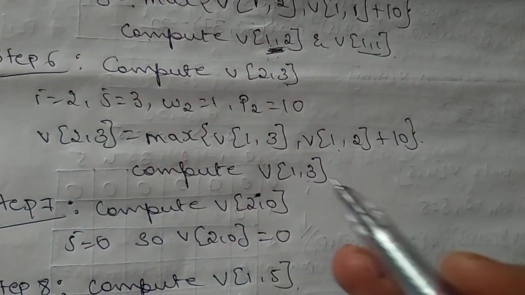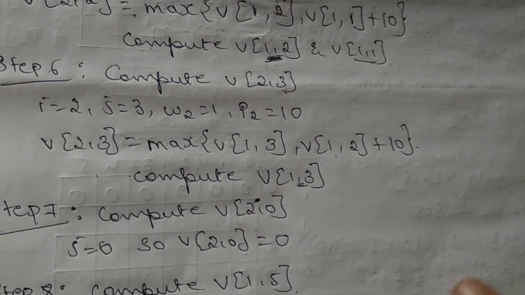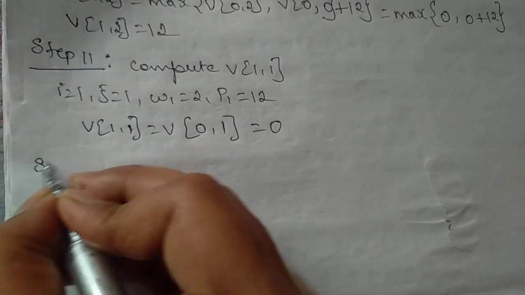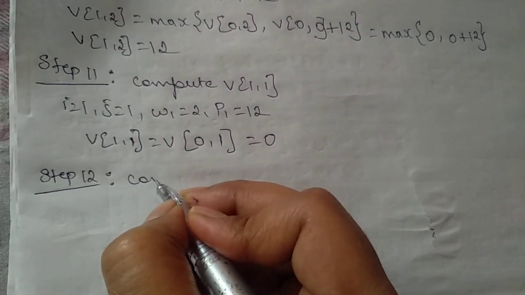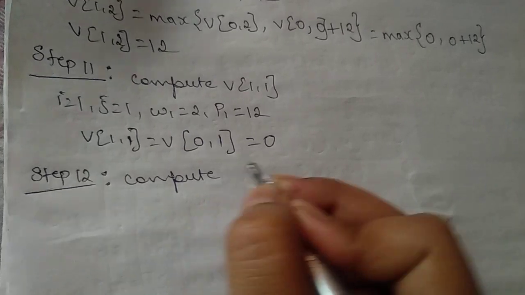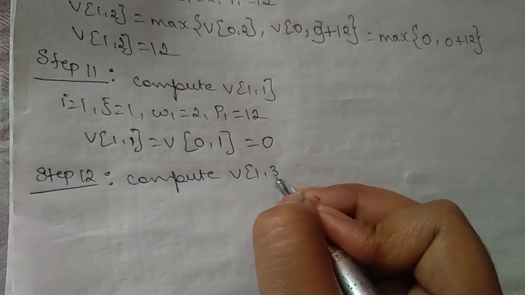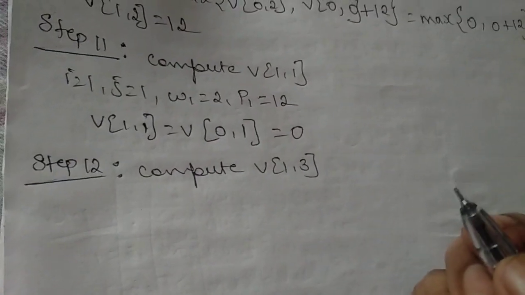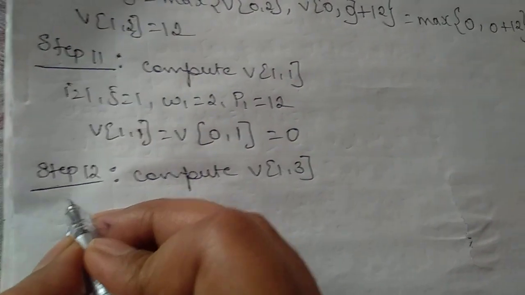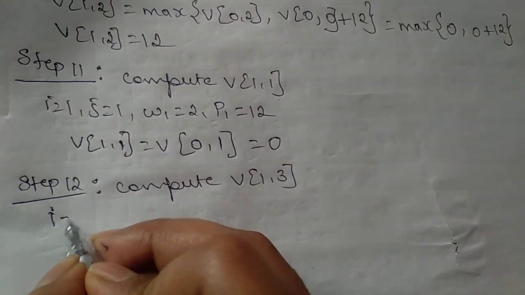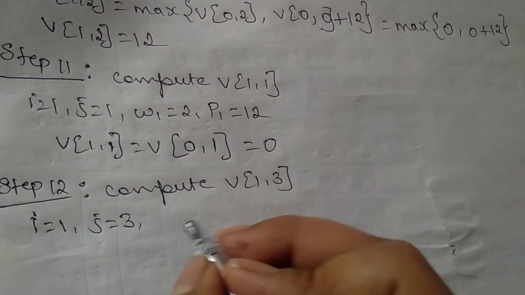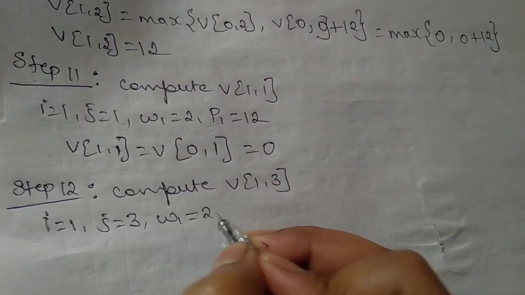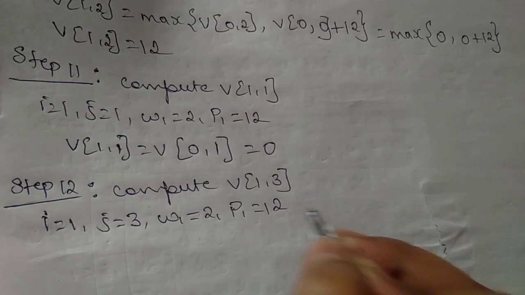From step 6 we have to compute v of 1 comma 3. So step 12, compute v of 1 comma 3. 1 comma 3 means i is equal to 1, j is equal to 3. i is equal to 1 means w1 is equal to 2, p1 is equal to 12.